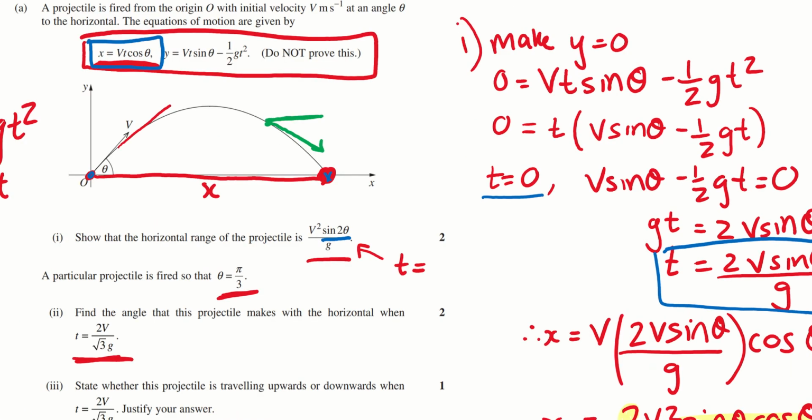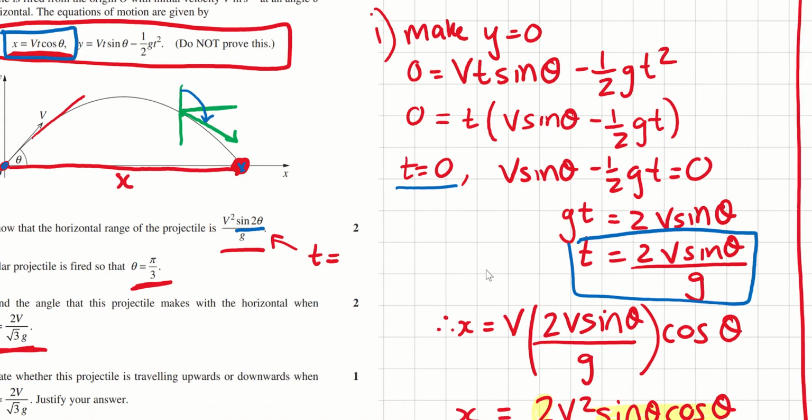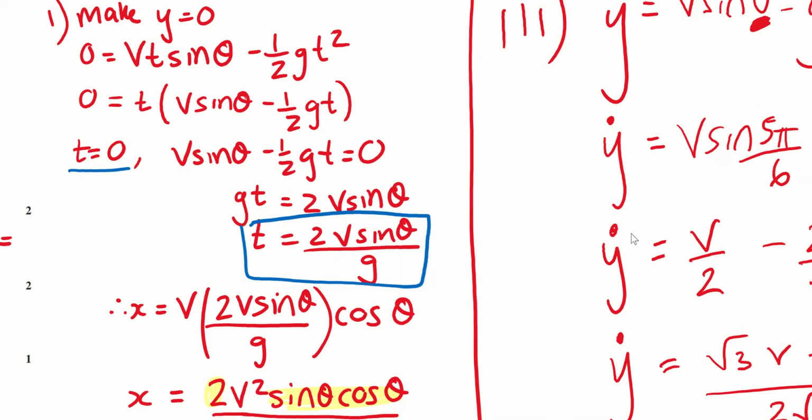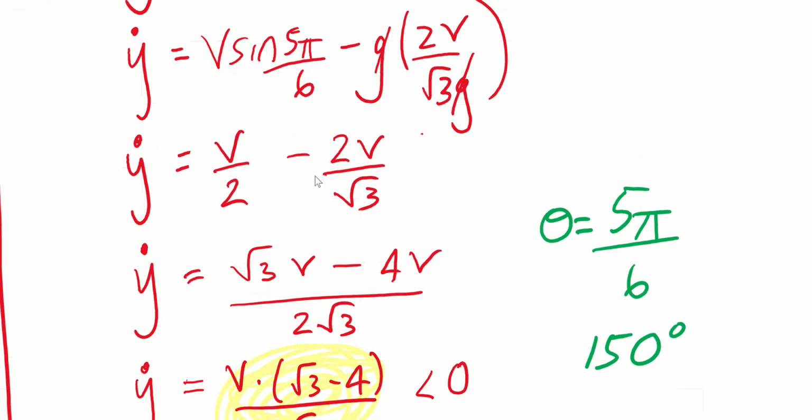So the angle is 150 degrees, as I was saying. So think about that on the picture. It means it must be coming down. Okay, so without doing all that work that I did just do, you can simply tell the marker that you know the angle is obtuse, and therefore it will be going downwards. But either way is perfectly fine.